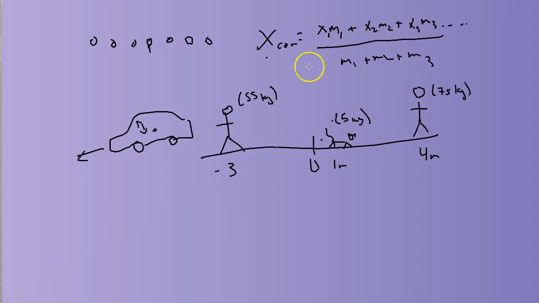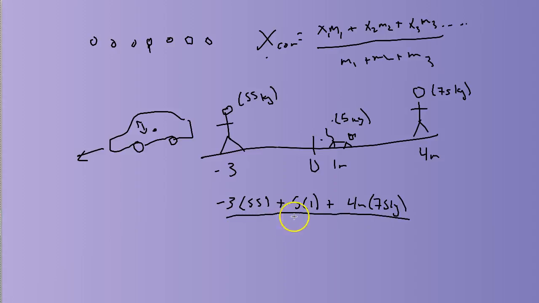Well, we're going to use this equation. We'll say -3 for the position of that person times 55 kilograms, plus 5 kilograms times 1 meter for that cat, plus 4 meters times 75 kilograms for that person. Then we divide this by the sum of the masses, so 55 kilograms plus 5 kilograms plus 75 kilograms.